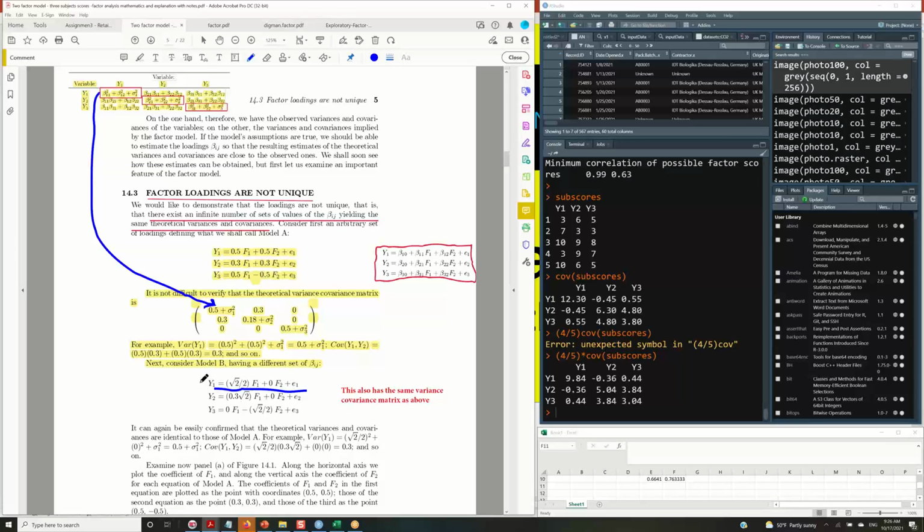This will lead to the same value. Because I made the comment that in the factor structure, if you write it like this with those conditions and assumptions, we know how to calculate variance covariance, and whether this structure or this structure, whether these loadings or these loadings, it is going to be of the same type. So it is not unique.